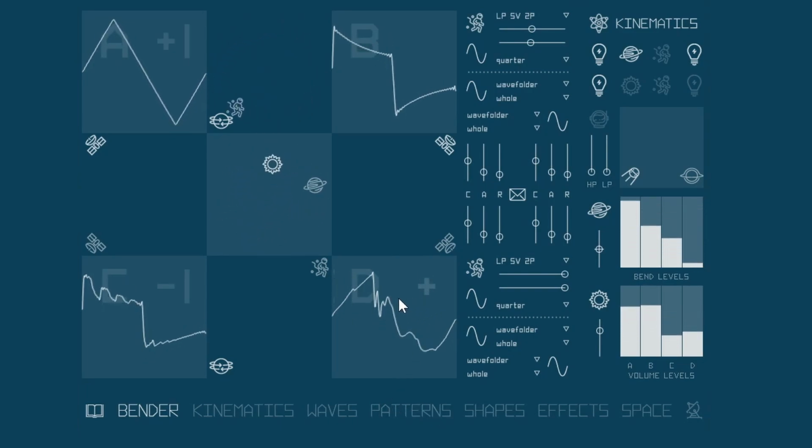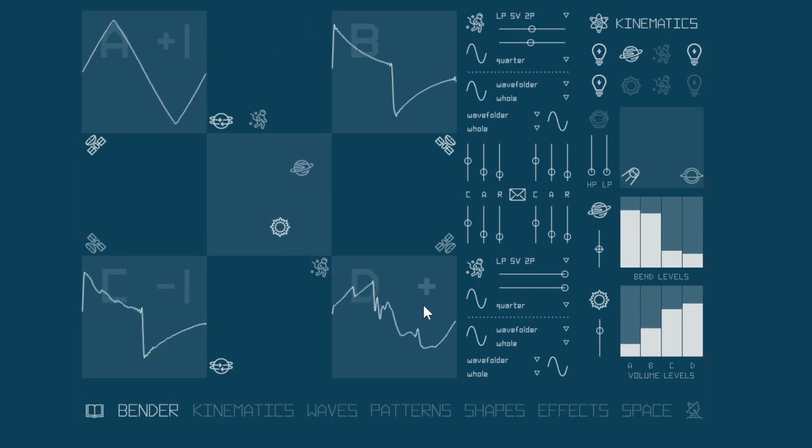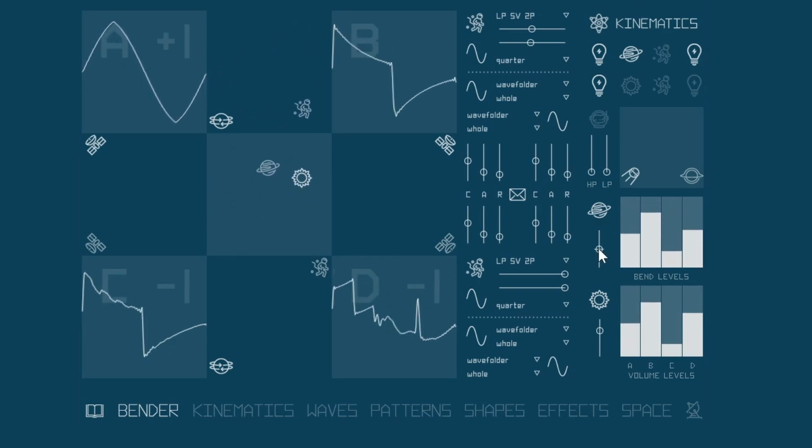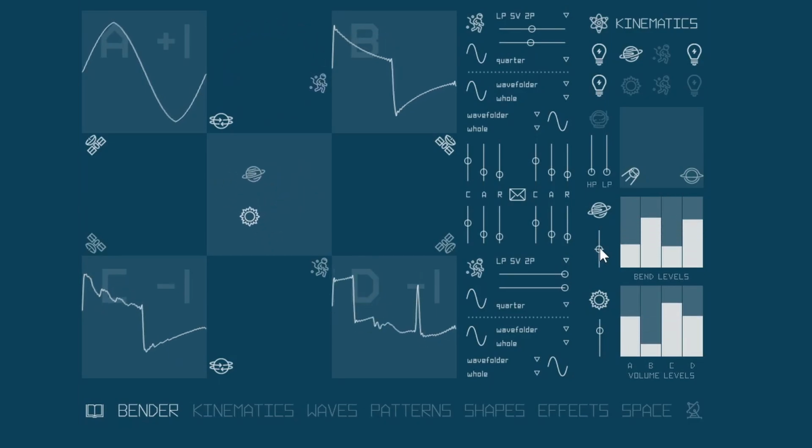The bender automation amount slider is bipolar, so you can decide which side of the waveform morph you prefer.